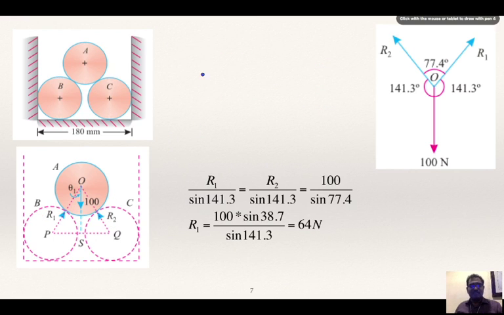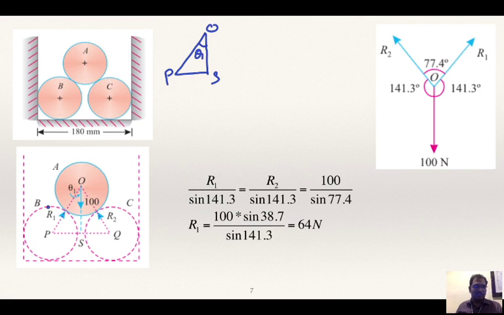The next point we have to look at is this particular angle theta 1. Theta 1 is the angle created between P, O and S. How are we going to find the value of theta 1? The values are given to you.